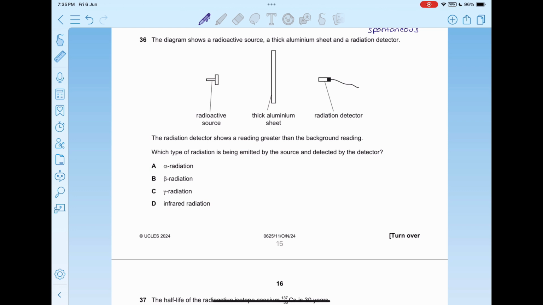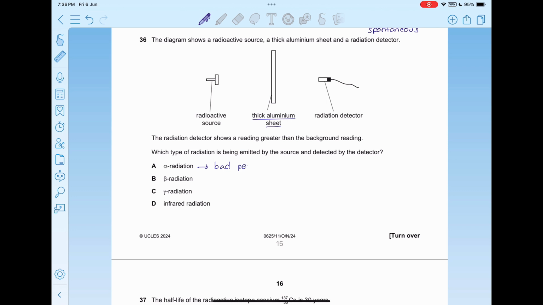The diagram shows a radioactive source, a thick aluminum sheet, and a radiation detector. The detector shows a reading greater than the background reading. Which type of radiation is being emitted by the source and detected by the detector? So since it is greater than the background reading, it must penetrate through the thick aluminum sheet.